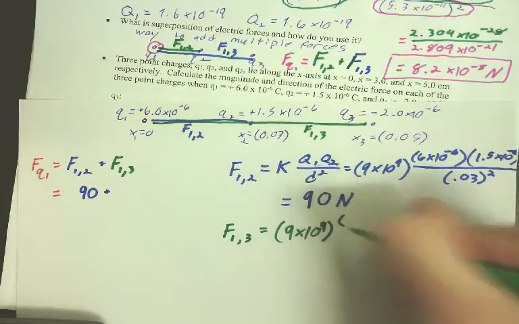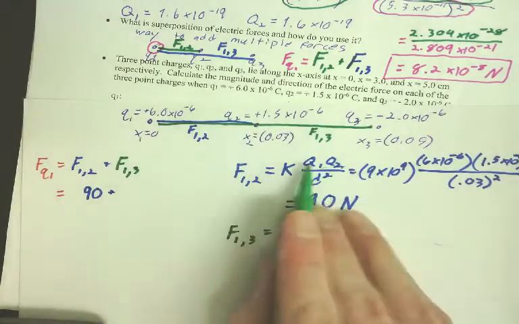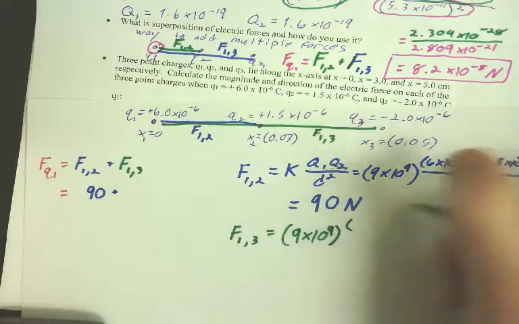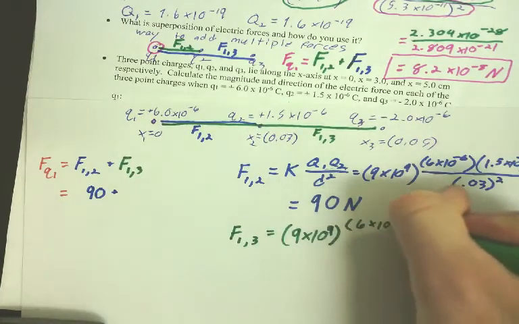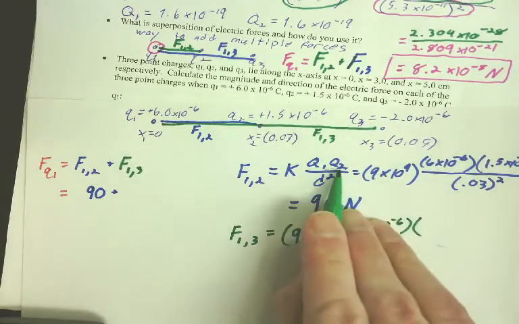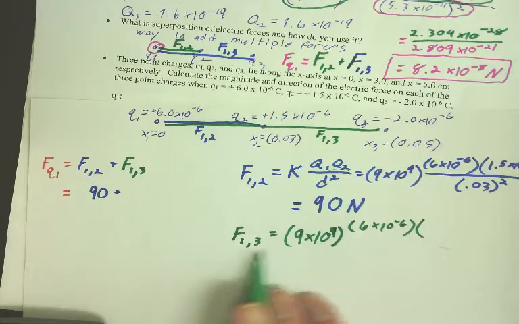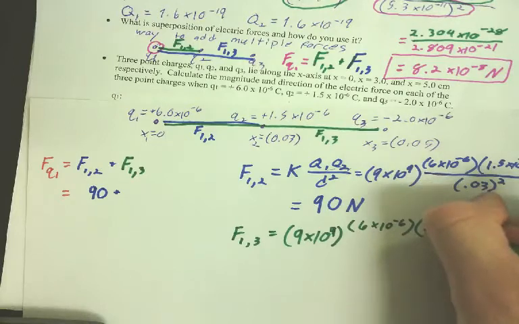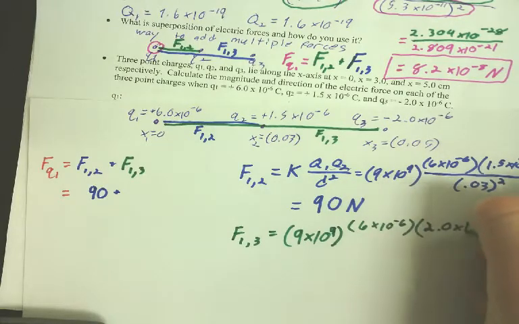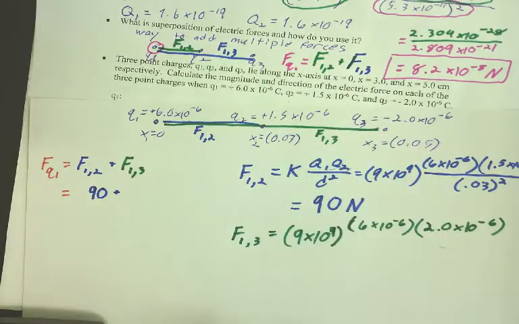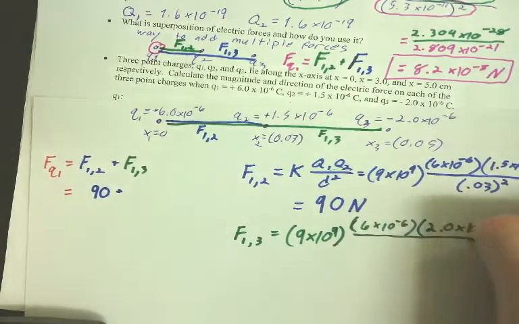Okay, now I'm plugging in Q1 and Q2 for this one. Q1 for this one is still Q1. Okay, 6 times 10 to the negative 6. But Q2 this time is actually Q3. This is the force between 1 and 3. So Q2 is Q3, which is negative 2.0, but don't plug in the negative. Plug in the negatives for the powers, don't plug in the negatives for the charge. And then that's divided by the distance between them.